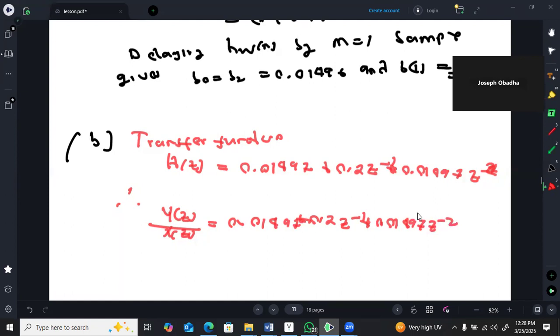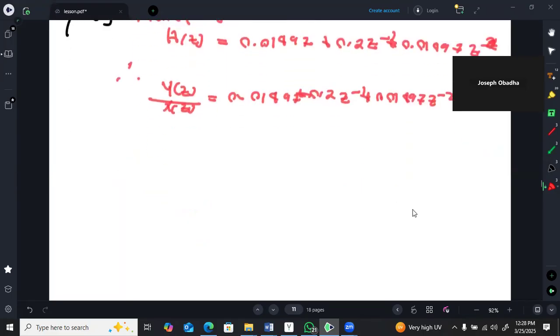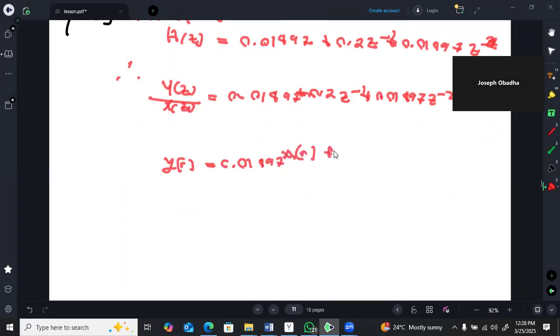And if we proceed the way we proceeded with the Fourier transform method and get the required transfer function in the time domain, then we would have y of n.